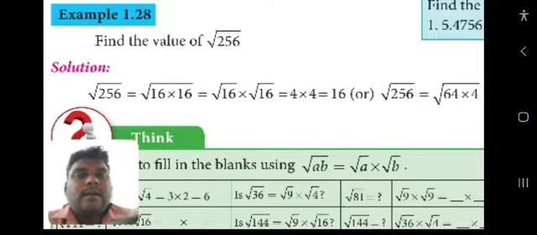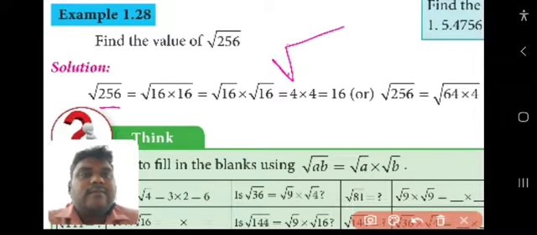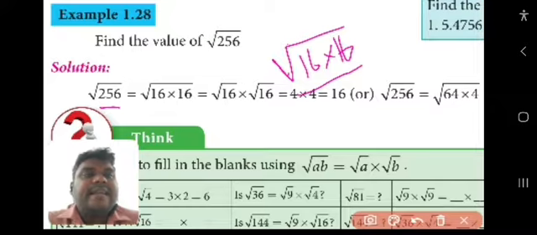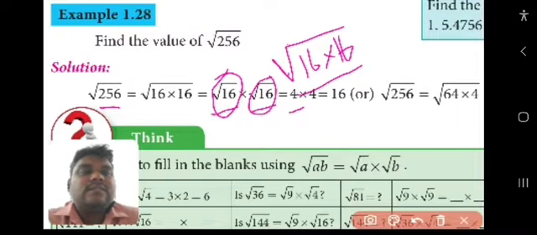So here what we can do: root 256 is the square root of 16 into 16. We can write it as 16 into 16. So this is in the form of root of a into b. So we can write it as root 16 into root 16. We know that root 16 is 4 and the other root 16 is 4.